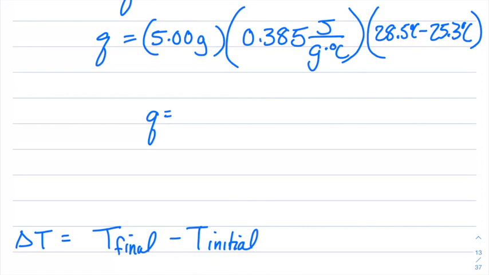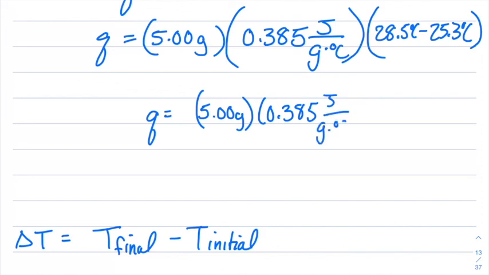And I see a sig fig question in the chat, so let's go ahead and write all this out. So we got 5 times 0.385 joules divided by grams times degrees Celsius. And then when we do our subtraction, 28.5 minus 25.3, it looks like we have 3.2 degrees Celsius.